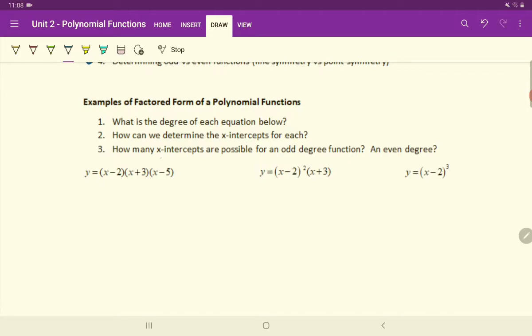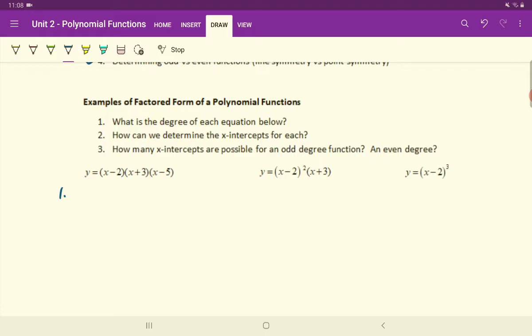Looking at this equation, how can we know what the degree of this function is? Because we need to figure out the degree. Do we know of any way to determine that? Well, there is a way to determine it, but there's a much faster way, which I'll show you in a second.